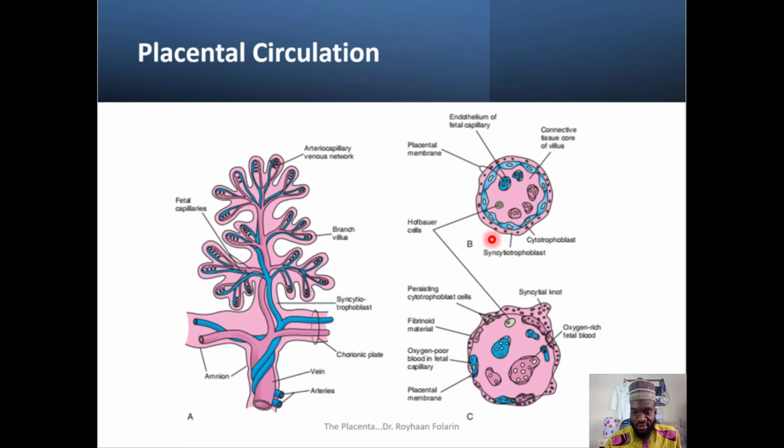And the Hofbauer cells are thought to be phagocytic in nature, by ingesting debris and getting it processed into waste that will be taken out of the fetal blood into the maternal blood as waste.